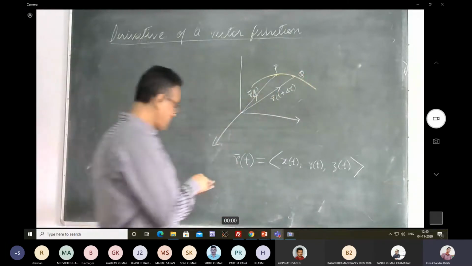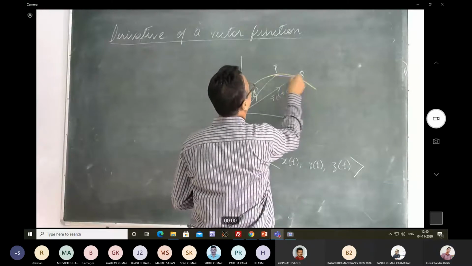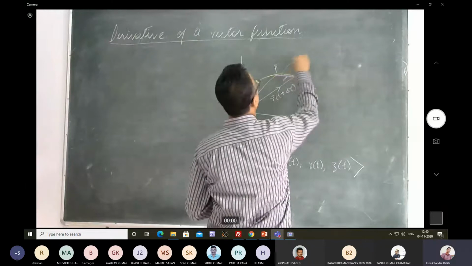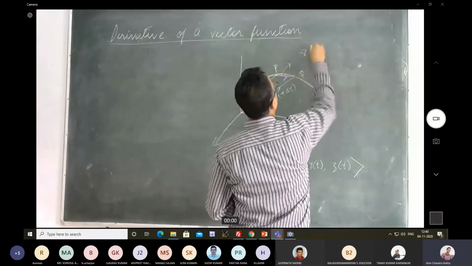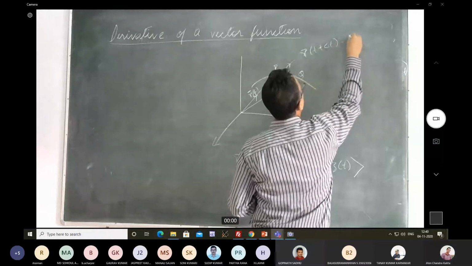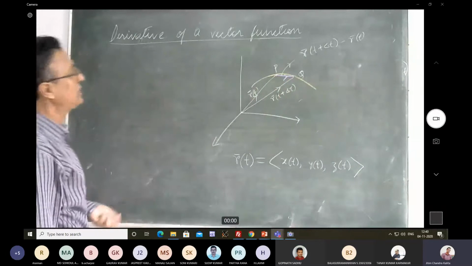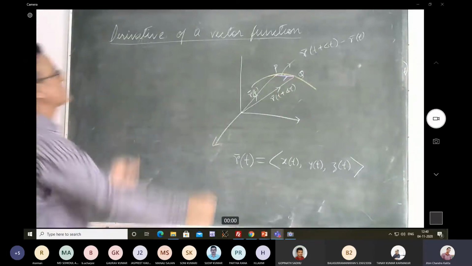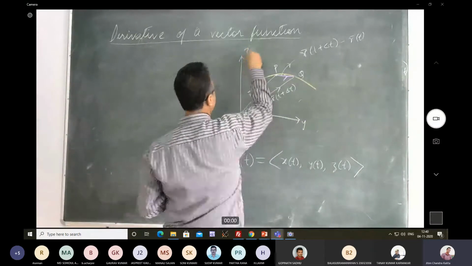So that means this vector must be r(t plus delta t) minus r(t). Is it okay? Fine. So far so good. Of course, this is X, this is Y, this is Z.